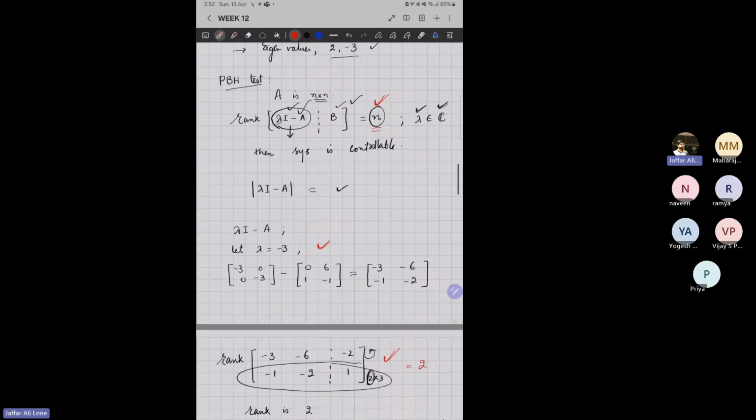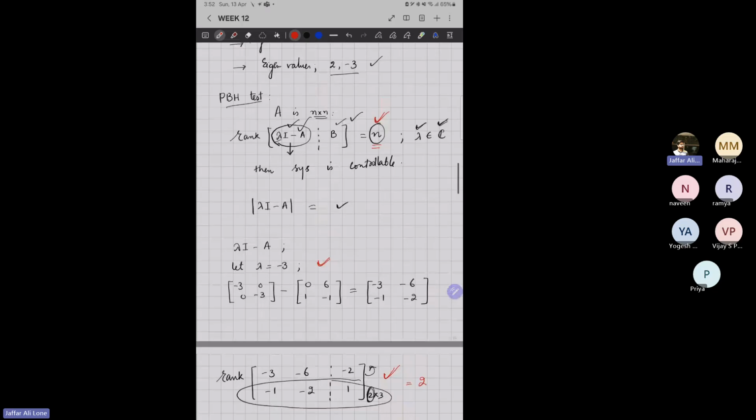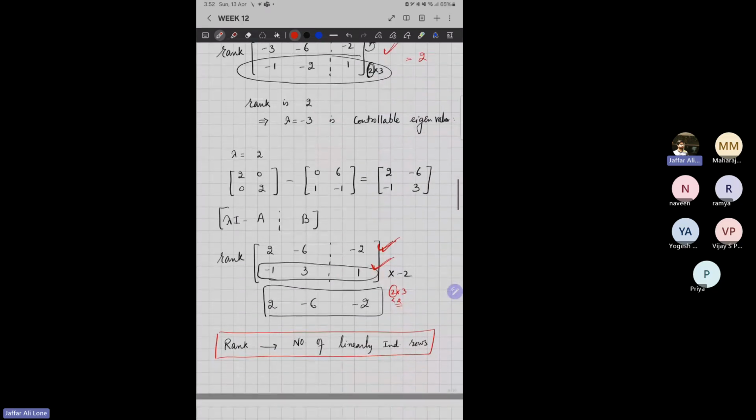Why? Because the rank of this matrix, lambda I minus A B, is full in the case of lambda equal to minus 3, and it's not full in the case of lambda equal to 2. So there are questions in your assignment where you are given a system and you're asked to find the controllable eigenvalue or the uncontrollable eigenvalue.